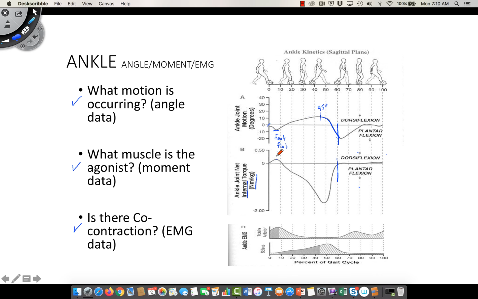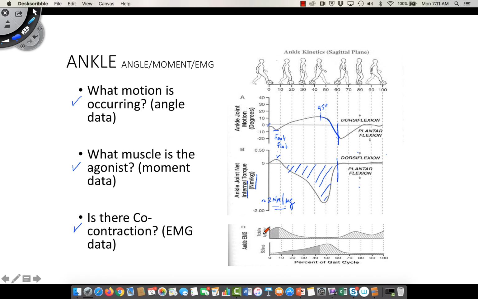We can see that there's a small dorsiflexion moment controlling the lowering of the foot to the ground, and then after the foot's contact at the ground, there's a gradually increasing plantar flexion moment to a peak just under 2 Newton meters per kilogram. So from this we can know that the amount of torque necessary to walk normally is somewhere close to 2 Newton meters per kilogram.